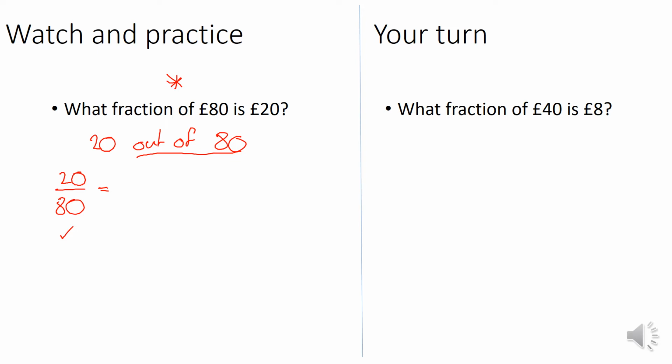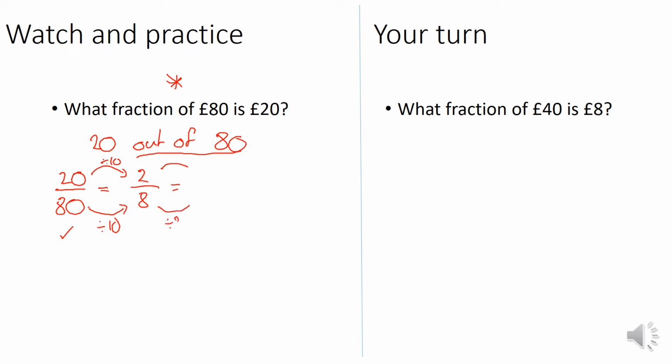So what can we divide 20 by and divide 80 by? Well, both of them divide by 10, so we'll do that one. That gives us 2 over 8. Can we simplify any more? Sometimes you will divide it by something like this and then you can divide it a bit more. We can in this case. So 2 and 8, what can we divide both of them by?